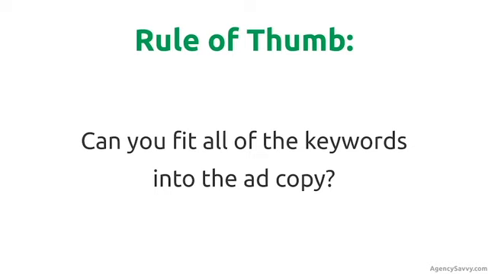So that's a good way to know that you've probably got too many different keywords in an ad group, is if you start struggling to write an ad that is relevant to each of those keywords. That's when you know that you need to break it up into smaller buckets and have more buckets, a small bucket with just a few keywords and some highly, highly relevant ad copy.